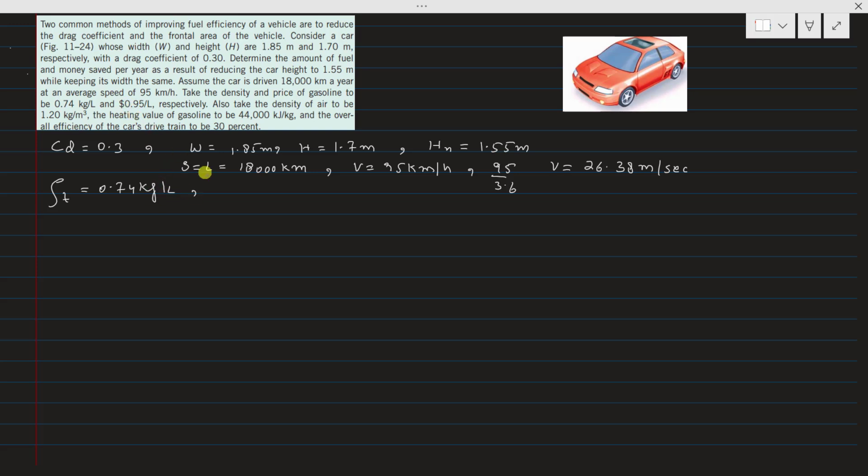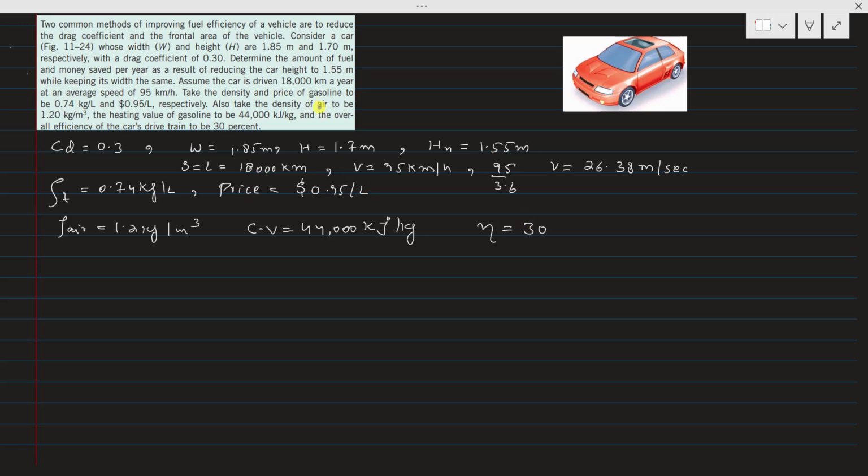Then the price of fuel is $0.95 per liter. The density of air is 1.2 kg per meter cube, and the heating value of the gasoline is 44,000 kilojoule per kg. The efficiency of the car is 30%.